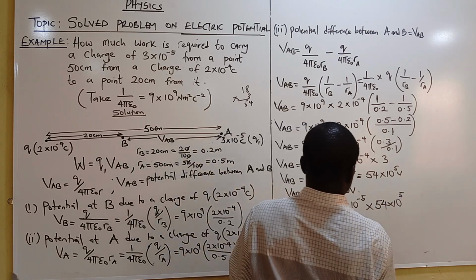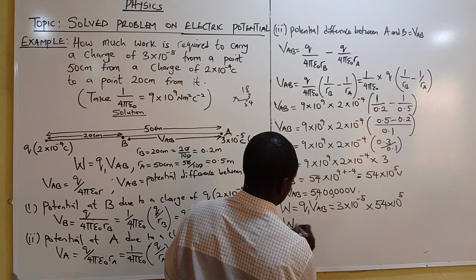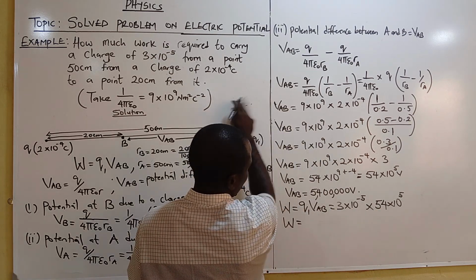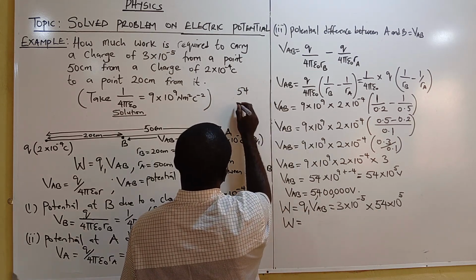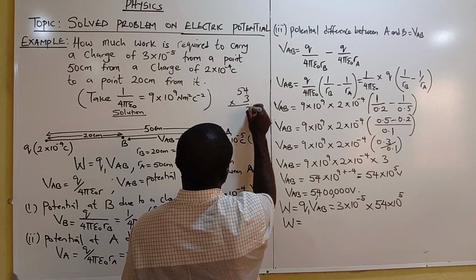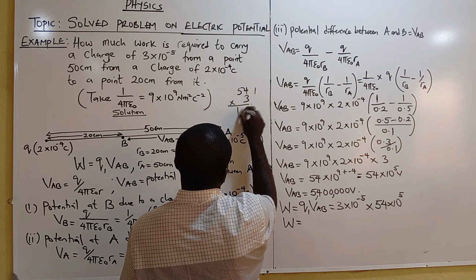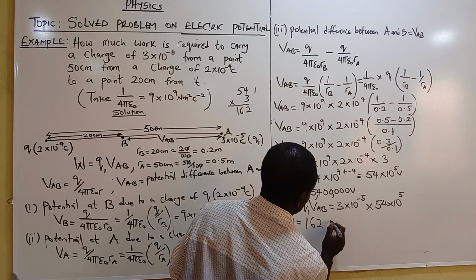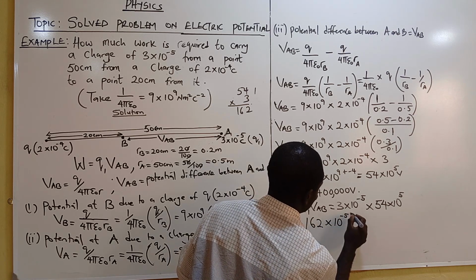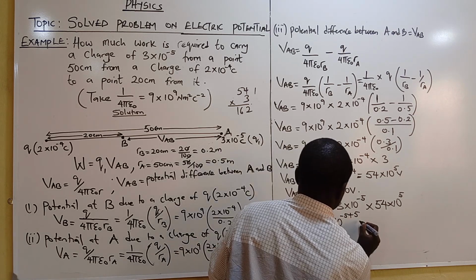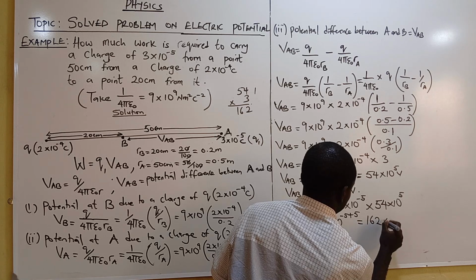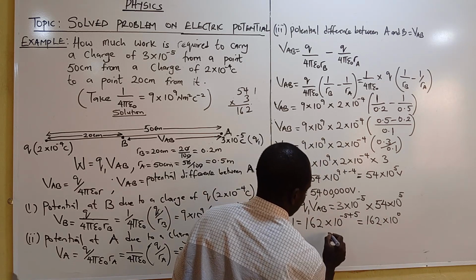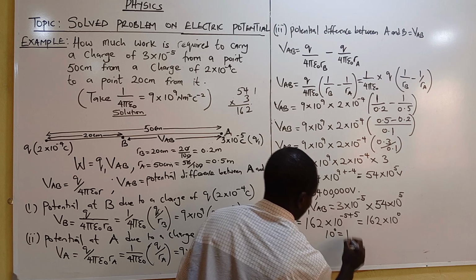Okay, when you do that, the work done will be 3 times 54, that's 162, times 10 to the power minus 5 plus 5, which is 0, and 10 to the power 0 is 1.